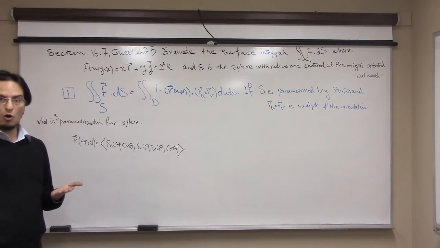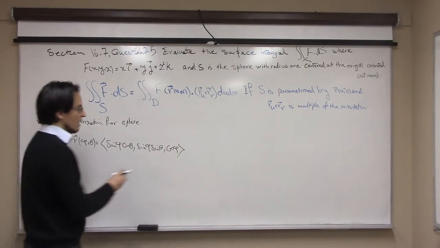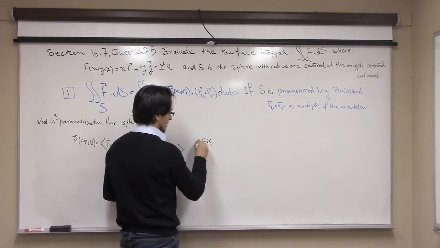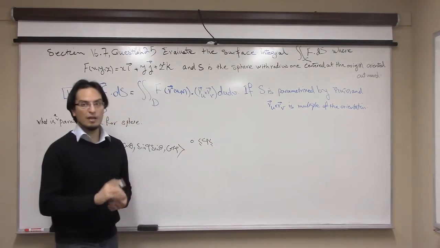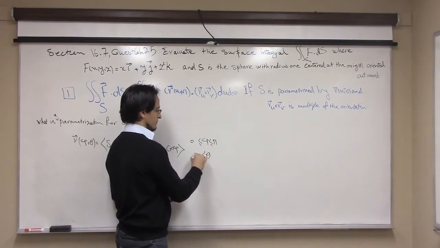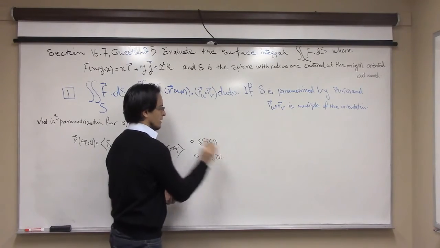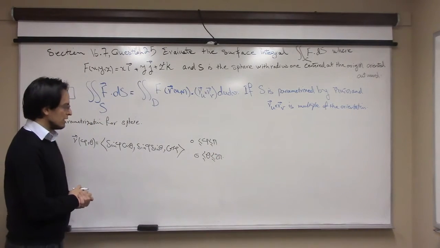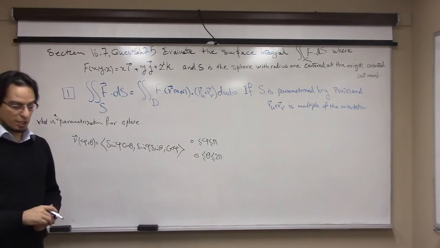And to cover the whole sphere, I have to let phi go from 0 to pi, and theta go from 0 to 2 pi. Okay, so this is the parameterization.